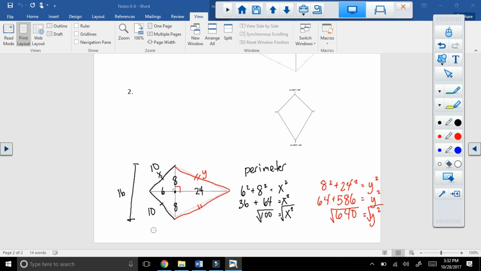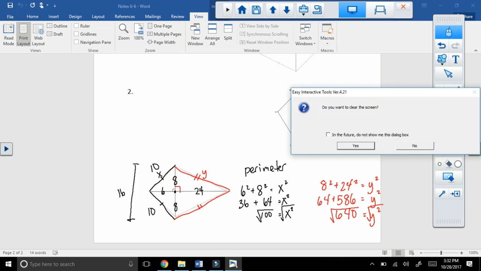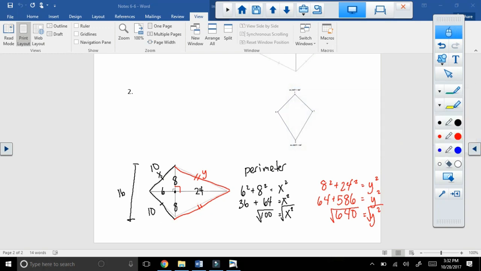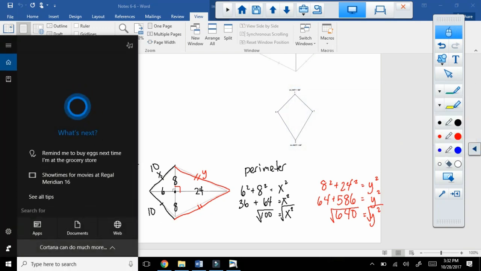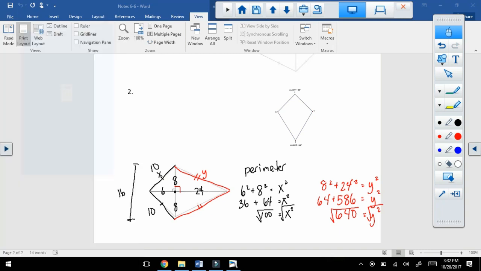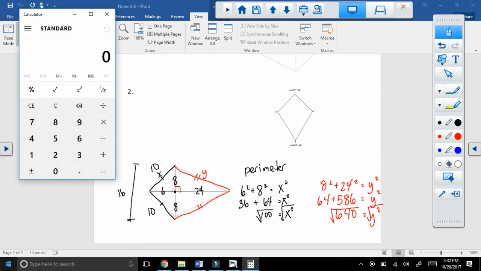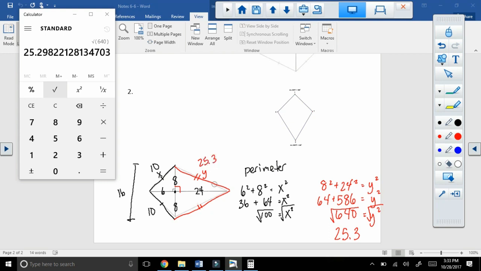Let me go to a calculator quick. So the square root of 640, after you round it, is about 25.3, and each of those would be 25.3.